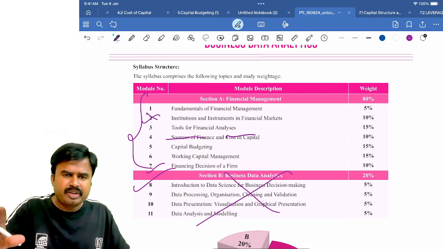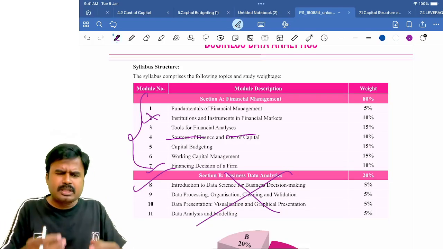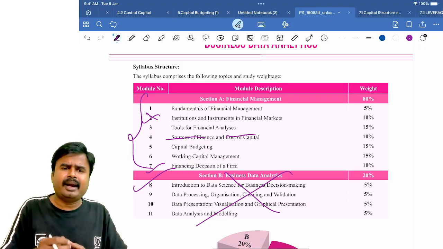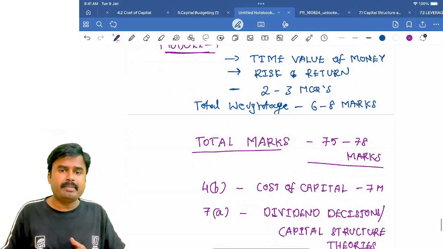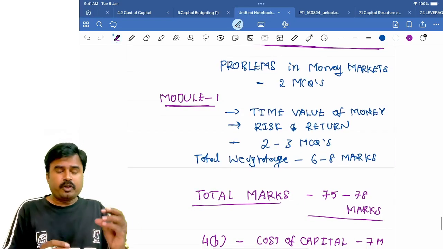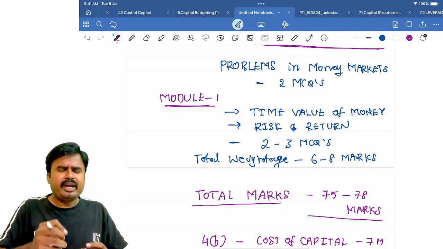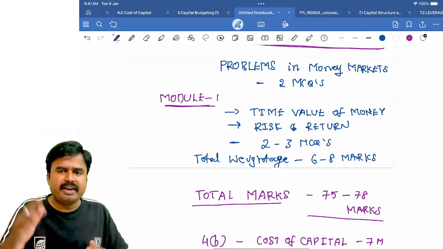By covering these few topics, you can attempt 75 to 78 marks and get an exemption. This is my 3/4 strategy: by preparing very few topics, you can get an exemption by attempting 75 to 78 marks.